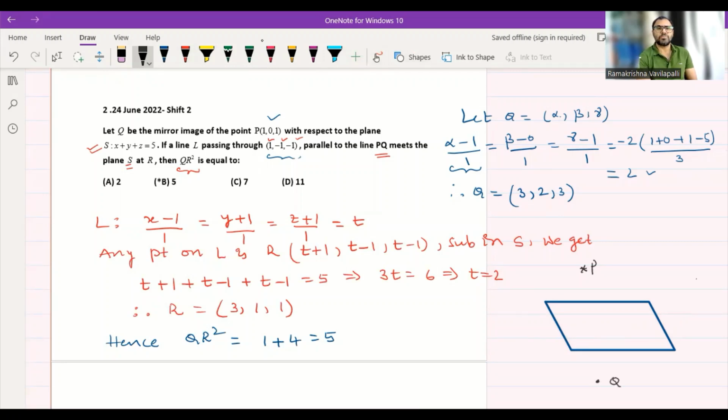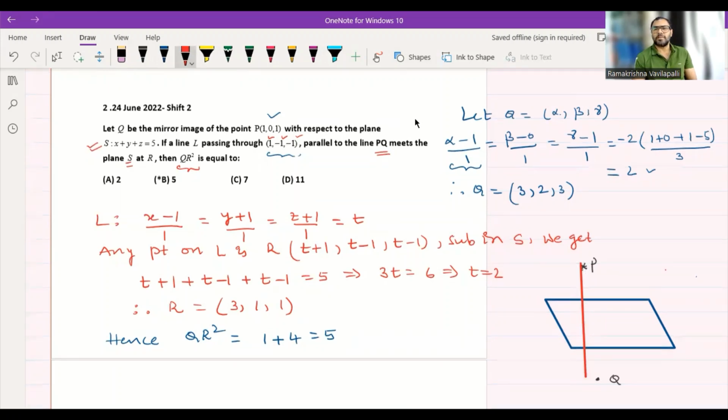So joining these two, clearly this is perpendicular to the plane, which means it is parallel to the normal of the plane.